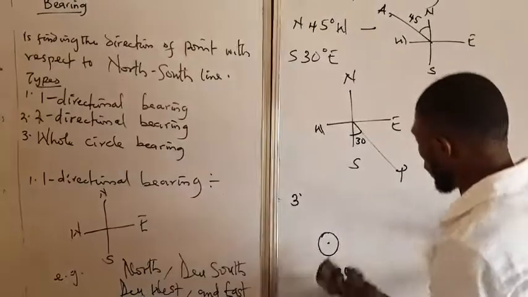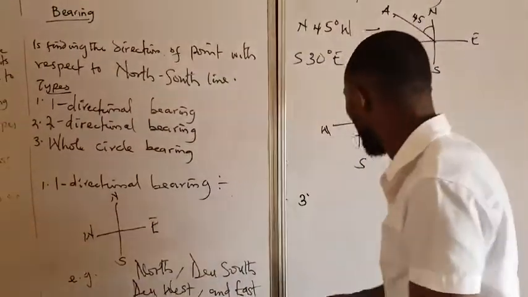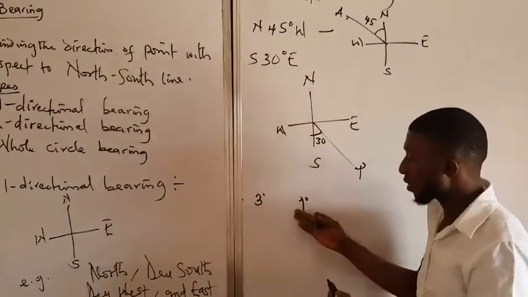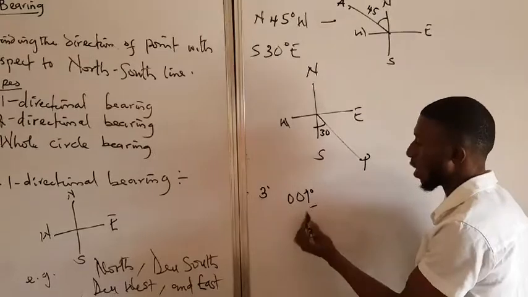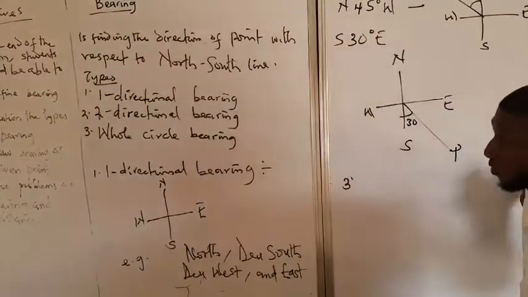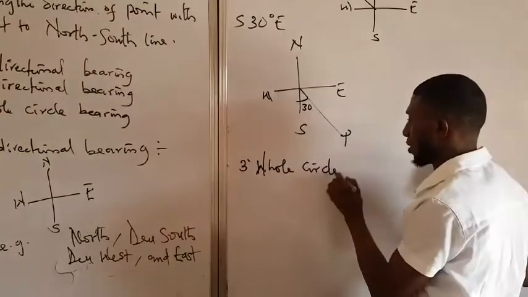Now, if you are not given a 3 digit bearing for this whole circle, say you are given 1 degree, this simply means 001 degrees for the whole circle bearing. This is what I mean by whole circle bearing.